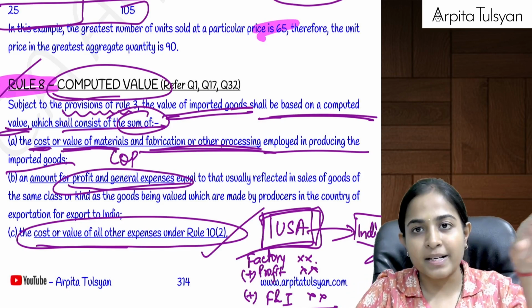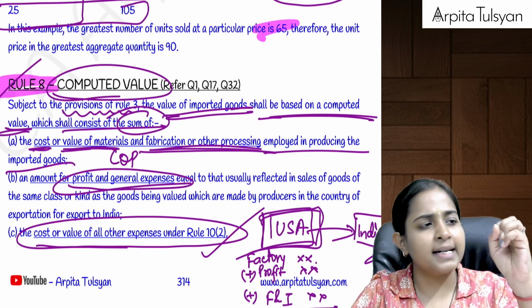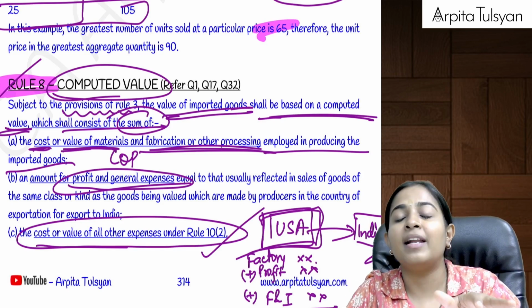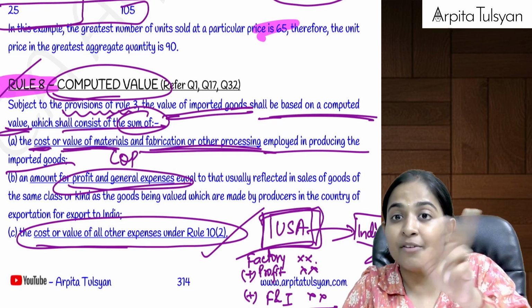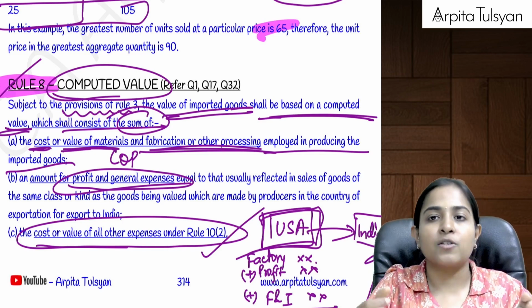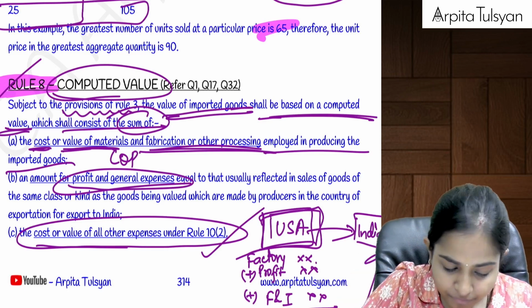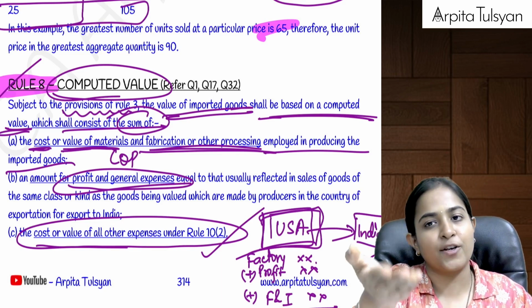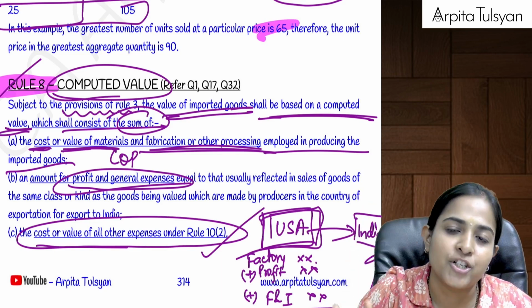We will start from his cost, his factory overheads, his direct cost, his indirect cost. Plus to that, we will add the normal profit margin that he would charge any person if he is selling here in India. Plus all the charges up to the place of importation, that is freight, loading, unloading, handling and insurance, everything.